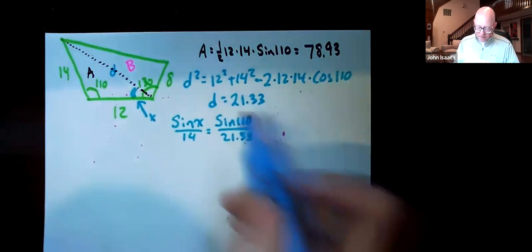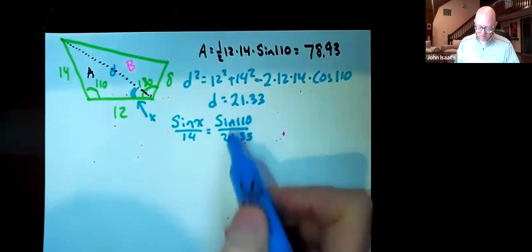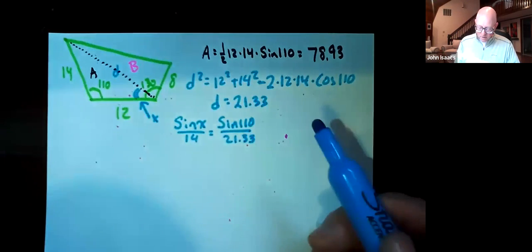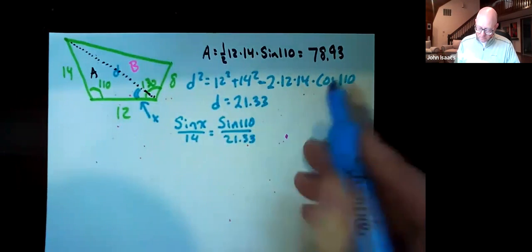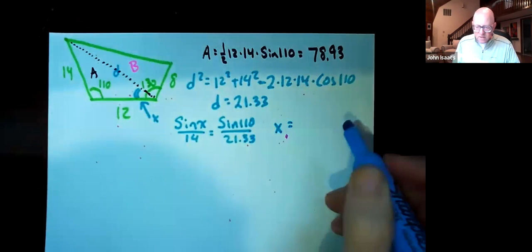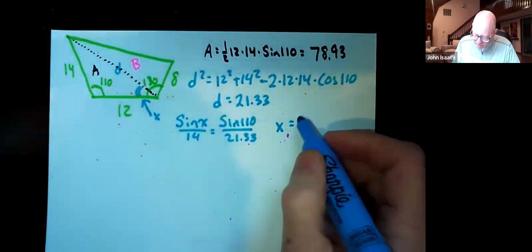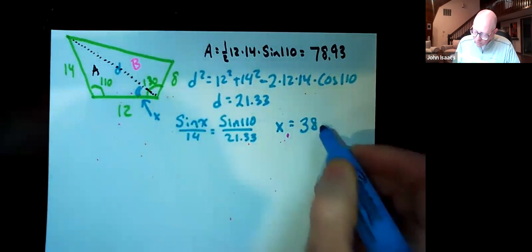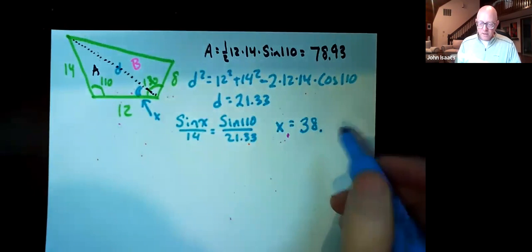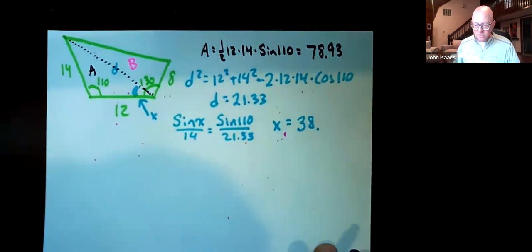All right, now notice we needed the side length before we were able to get this angle. So let's see. X, using a calculator, winds up 38 degrees. It's actually like 38.0 something, so we're just going to use 38. Again, don't round too much here, but I am just using 38 this go around.